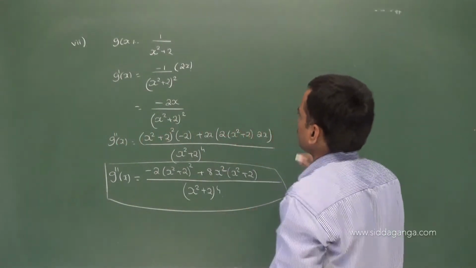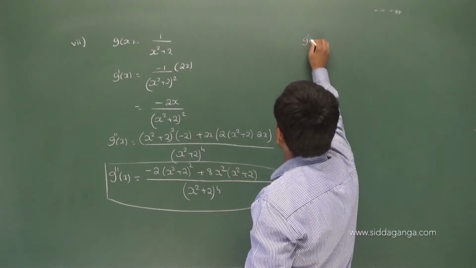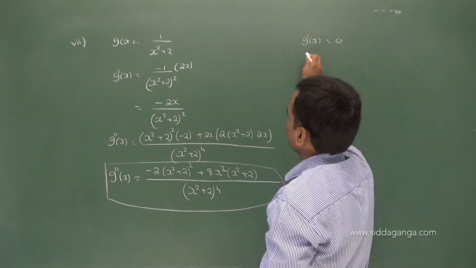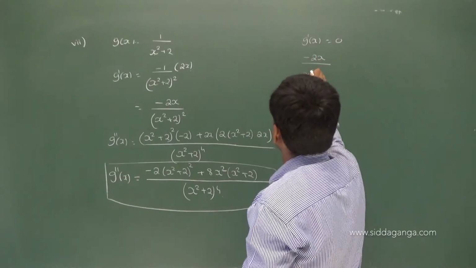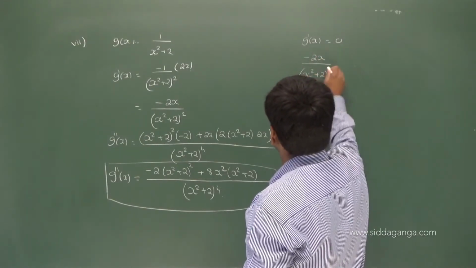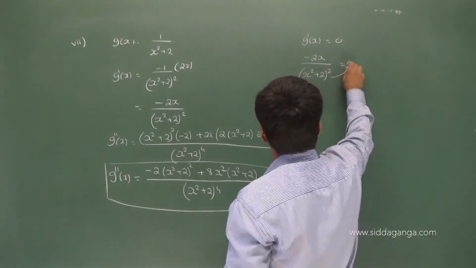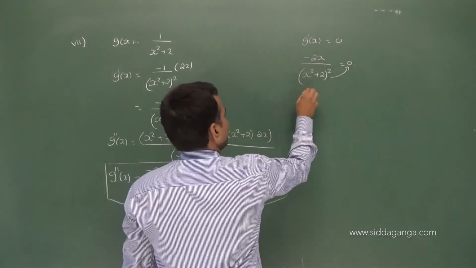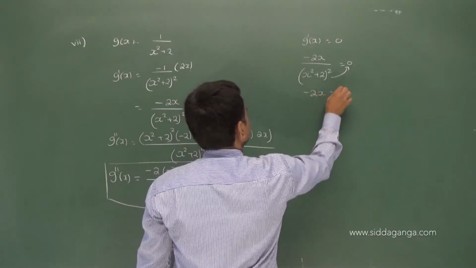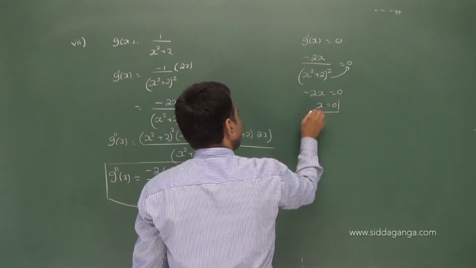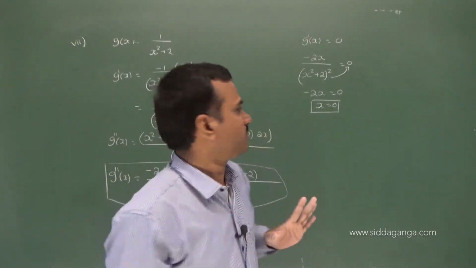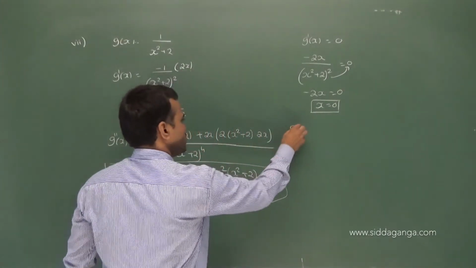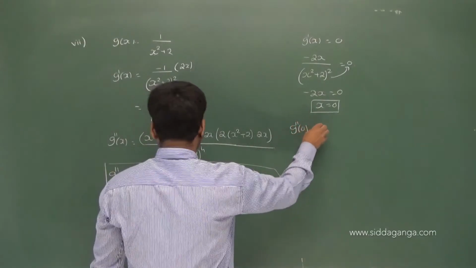Then to find the critical point we equate g dash of x to 0. Minus 2x divided by x square plus 2 whole square is equal to 0. So minus 2x is equal to 0, x is equal to 0; only this critical point we got. Then we substitute here g double dash of 0.